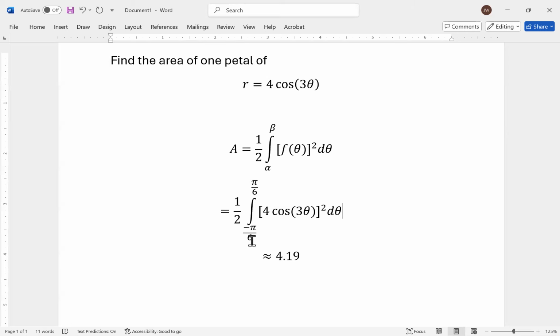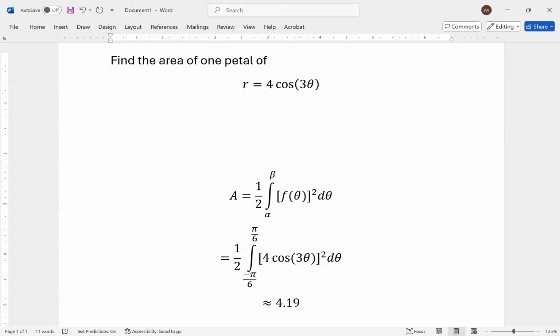If you're having a hard time doing the tracing, again, I'll throw up a companion video of how to trace in polar form and how to graph in polar form. But if you're having a hard time doing that, you can also do this by hand and figure out what theta values will work.